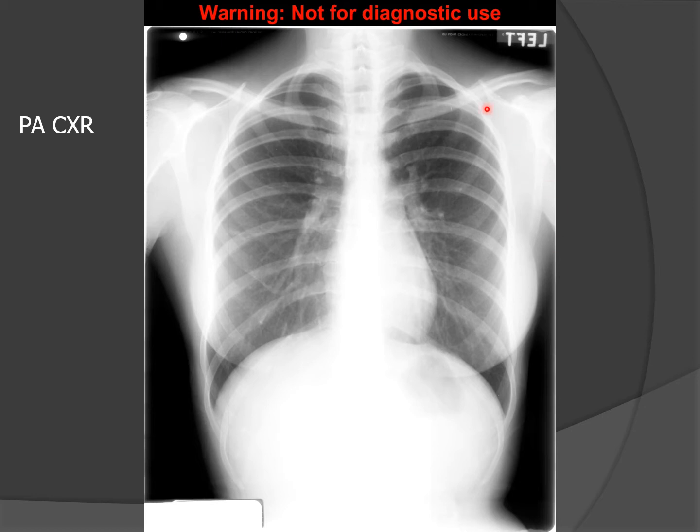Also, notice that the scapula now are rotated out of the lung fields. So that is some better positioning that we have. We are going to look at our sternoclavicular joints again, and we see just a slight bit of rotation on this patient, but it's not very much. We have our marker at the top here showing us the left side, and so overall we have a very good image.